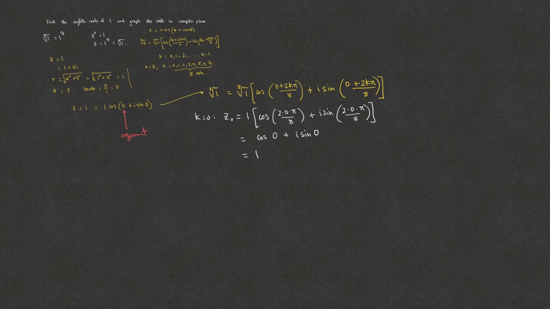When k equals 1, we have z sub 1 equals the 8th root of the modulus, which is the real number 1.